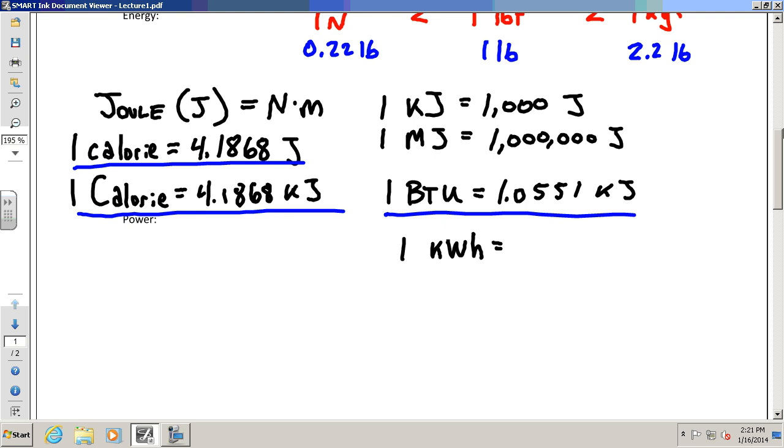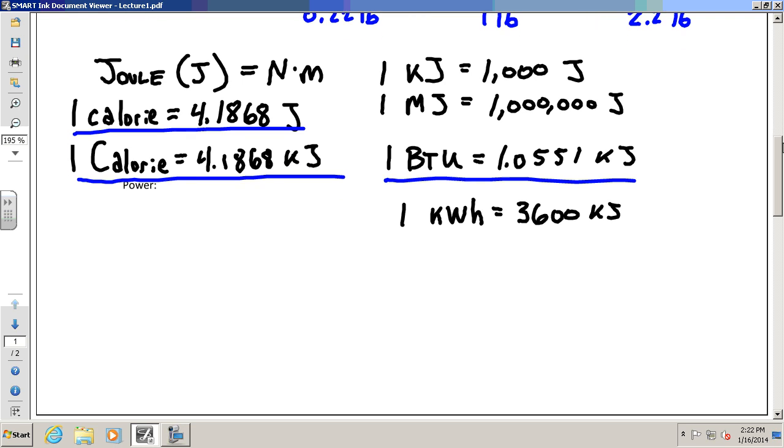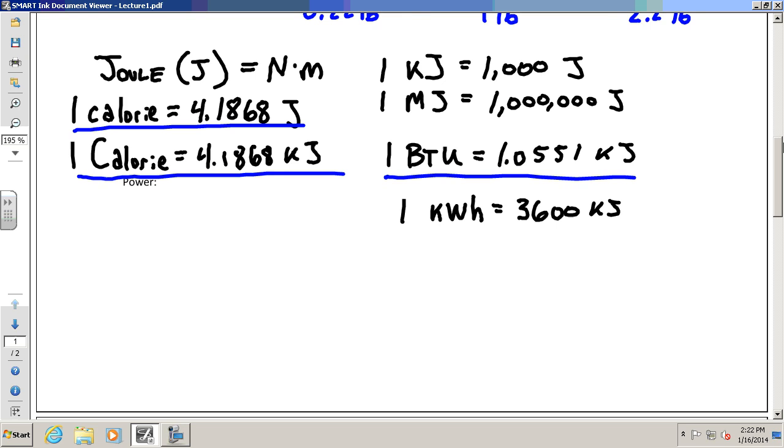That's what you pay for on your electric bill, if you pay electric bills. 3,600 kilojoules is a kilowatt hour. Again, this is just conversions. If I say I have this amount of energy in joules, you should be able to convert it to kilowatt hours, capital C calories, BTUs, whatever. It's not a big deal.